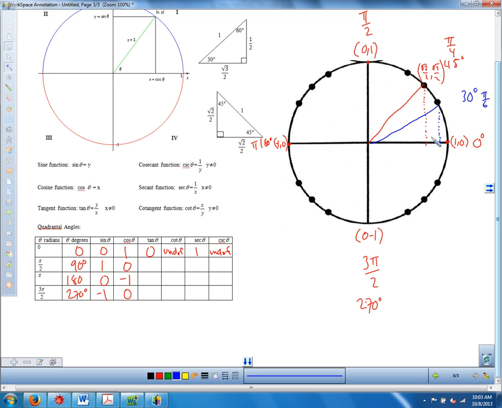The x-coordinate, what's the long side of the triangle? Square root of 3 over 2. And the short side? 1/2. And I have that right here. The long side square root of 3 over 2, the short side is 1/2. So the sine of 30 degrees, the sine of pi over 6, is 1/2. The cosine of 30 degrees, or pi over 6, is square root of 3 over 2.